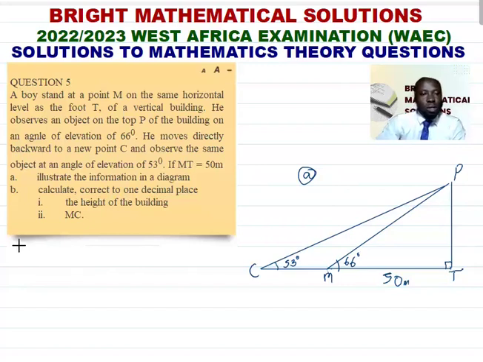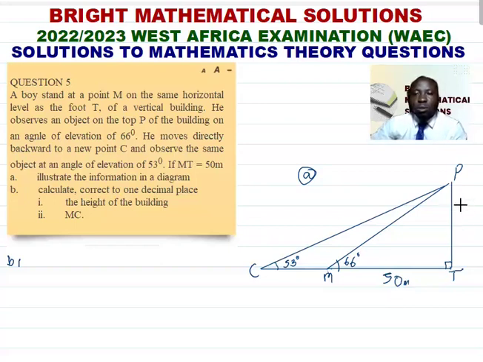So the question now says B1, that is calculate correct to one decimal place the height of the building. So this is the building, the height. For us to calculate this, remember this is a right angle triangle, and this is the line that is opposite the angle. So remember from SOHCAHTOA, that is sine equals opposite over hypotenuse, cos equals adjacent over hypotenuse, and tan equals opposite over adjacent.